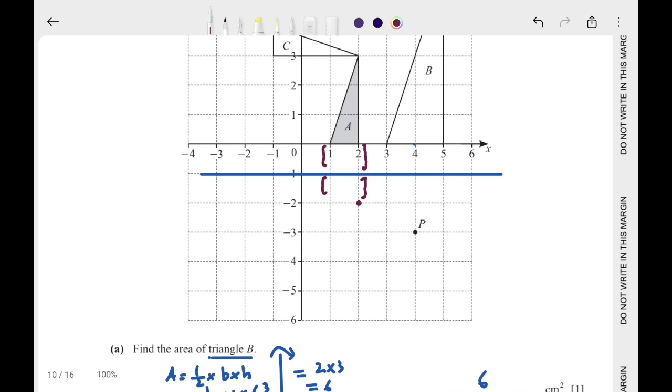One box, and one box, 1, 2 and 3, and 1, 2 and 3. It would be here. So this is your reflected shape.